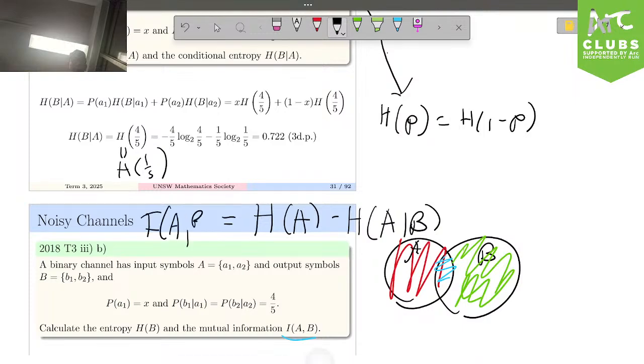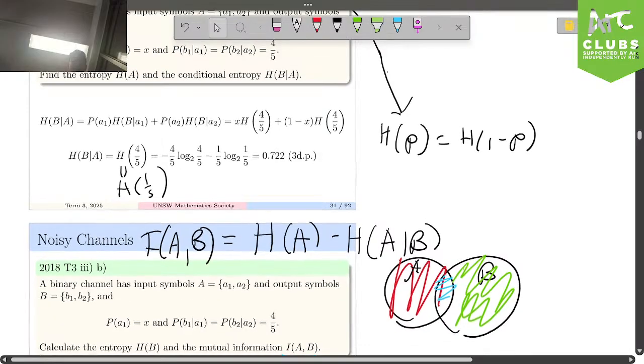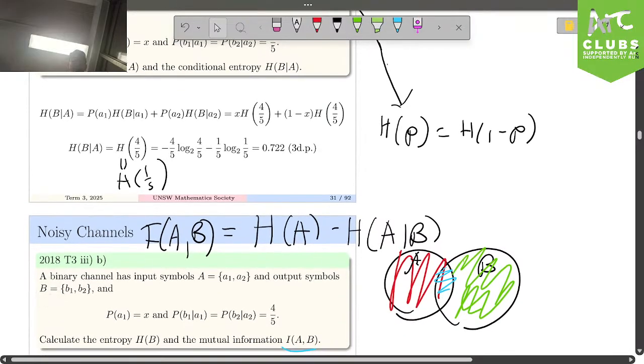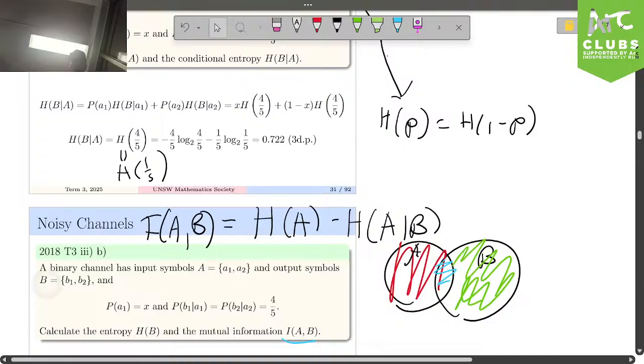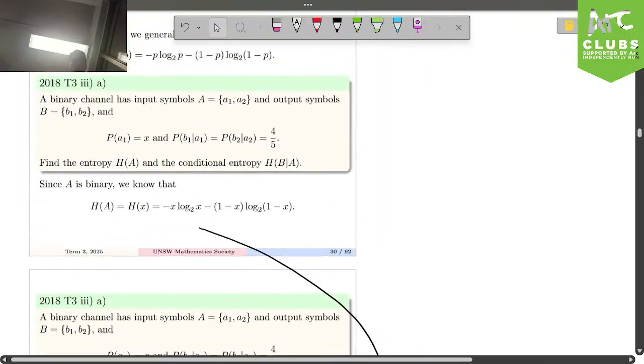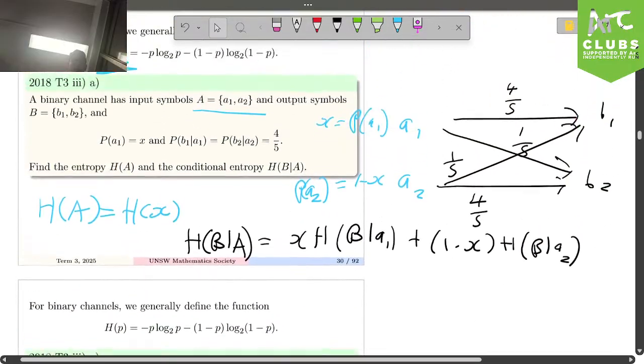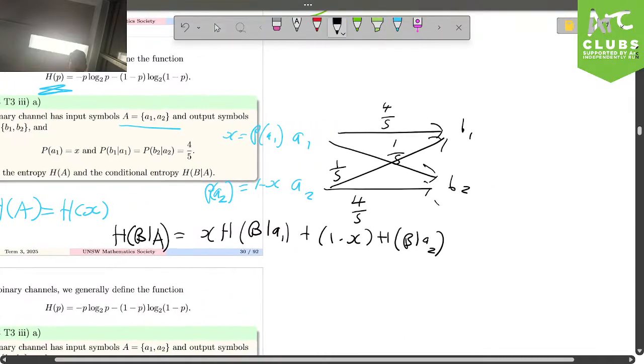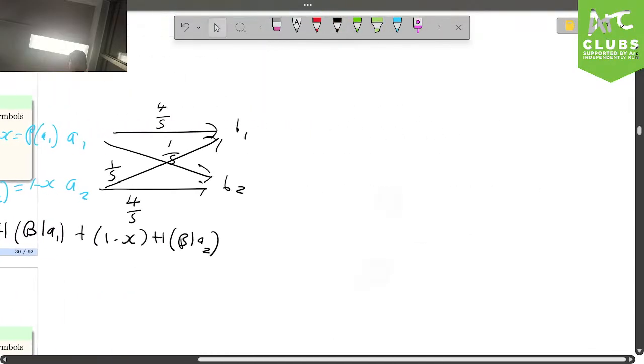The only difficulty would be finding what we would want to do here. We'd have to flip around the probabilities. So we would want to find the probability of getting B2 and the probability of getting B1.